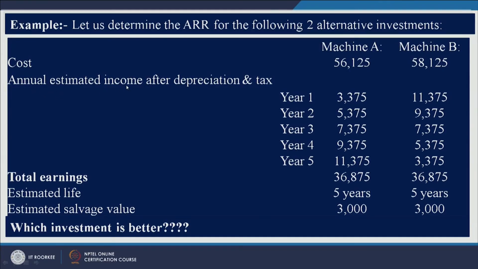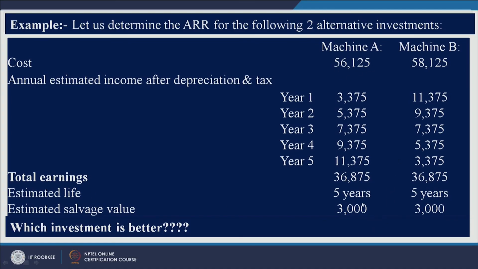The annual estimated income after depreciation and tax is given over here for the first, second, third, fourth and fifth year. You have also been given total earnings. For this machine total earnings are 36,875, and here it is 36,875, the same. The only difference is the initial investment.